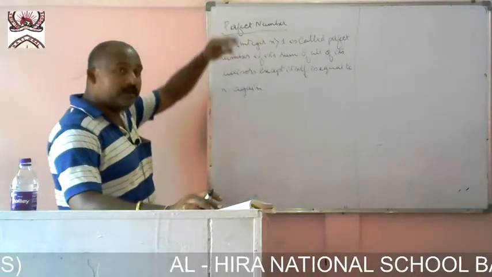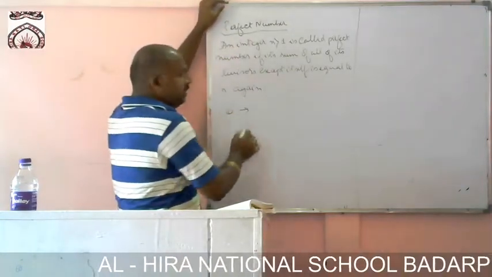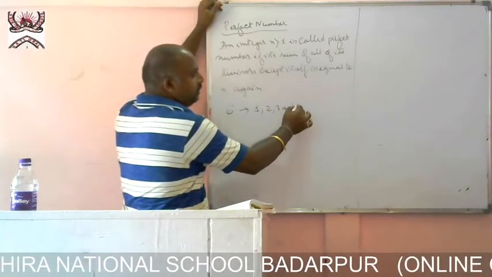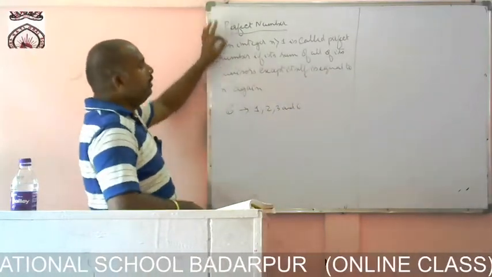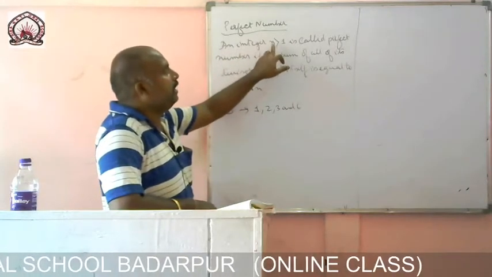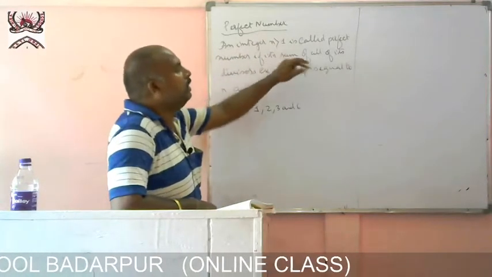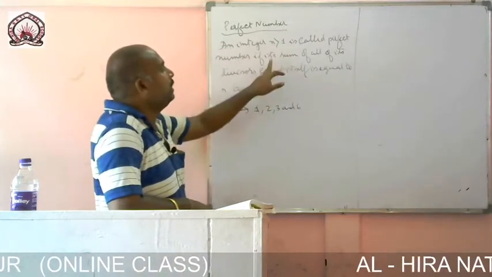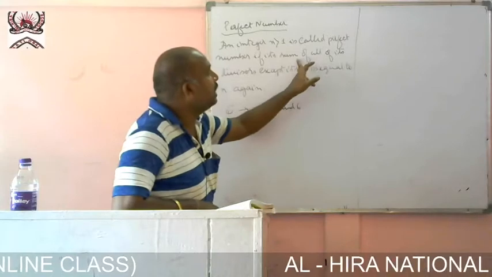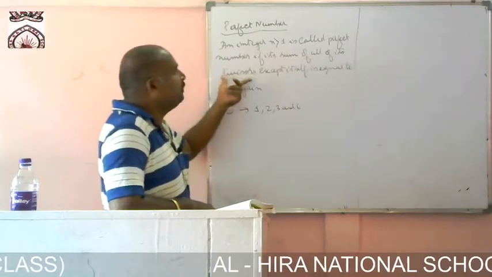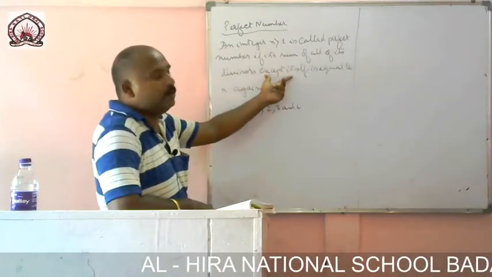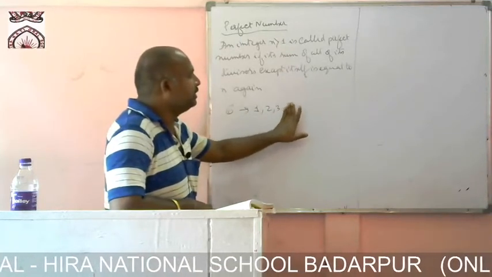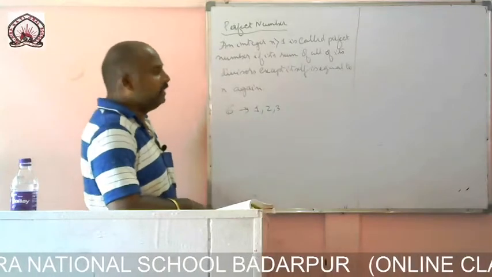Now let us consider a number, 6. For the number 6, the divisors we get are 1, 2, 3, and 6. An integer n greater than 1 is a perfect number if the sum of all its divisors except itself equals n. Here we will not consider 6 itself.